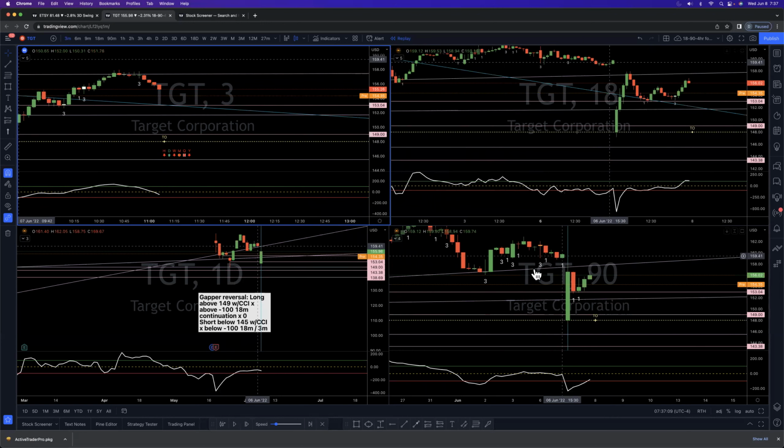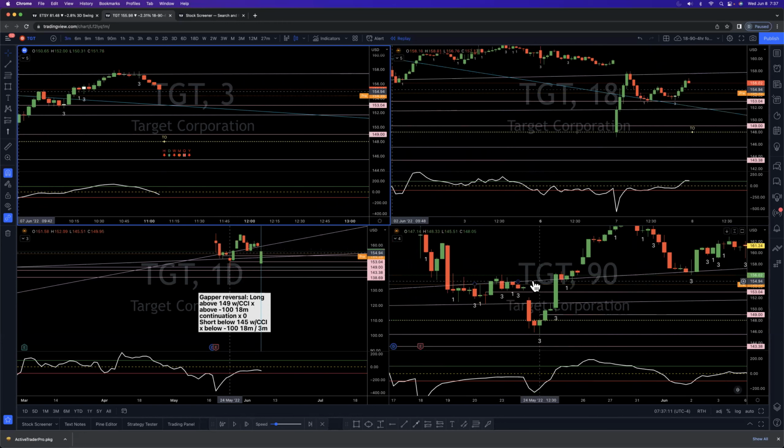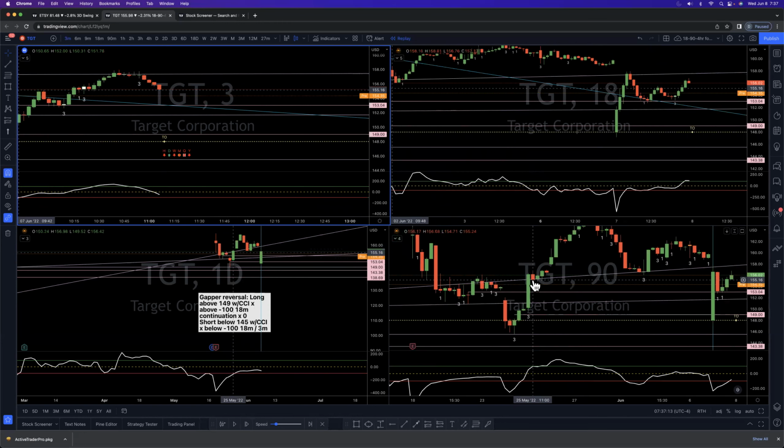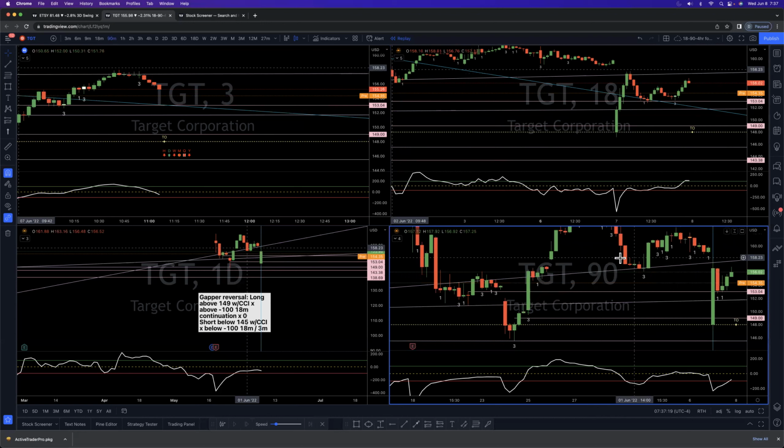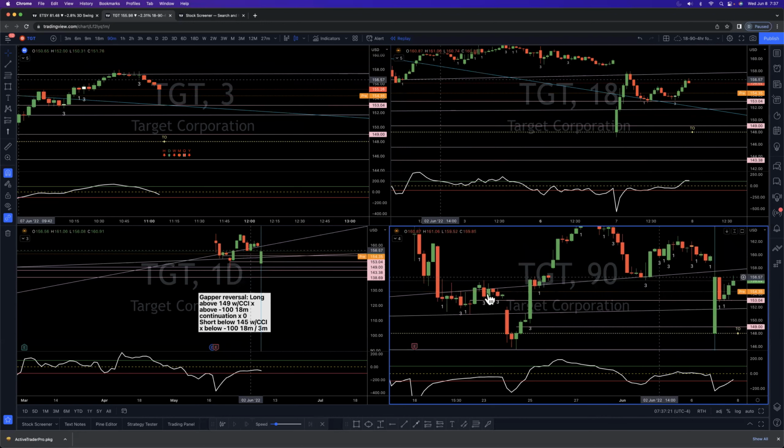Let me tell you where we drew this. Okay, so we drew this here because if I can recall correctly, what a difference a day makes. We drew this broadening formation off these outside bars. And I think what I recall saying was when we were looking at this range here, I said we got this outside bar here, I was looking at price action to take this.